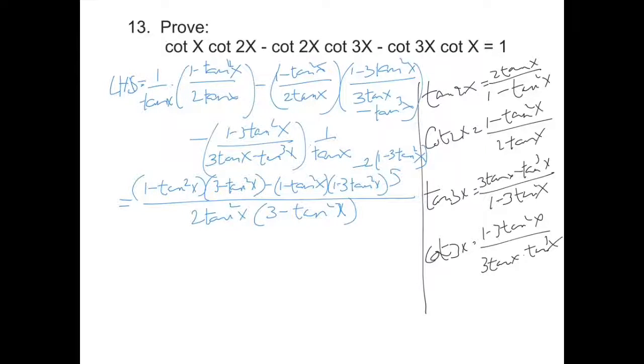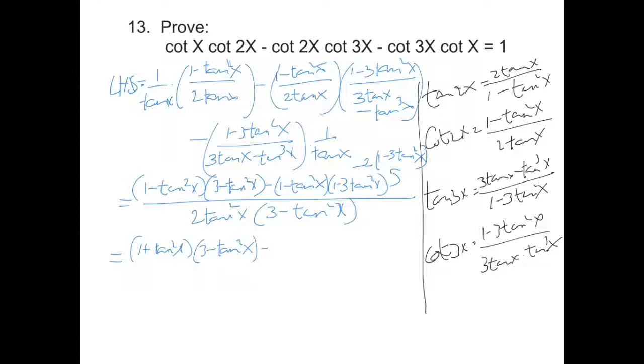Now we see that in the numerator we have 1 minus 3 tan squared x common between these two terms, and therefore if we take that as common, we'll get 1 minus tan squared x plus 2, which is 3 minus tan squared x, and that is a term we also have in the first expression. So we have a possibility of simplifying this. Let us do that. So we'll write the first term of the numerator as it is, 1 plus tan squared x multiplied by 3 minus tan squared x, and we'll combine the second and the third terms.